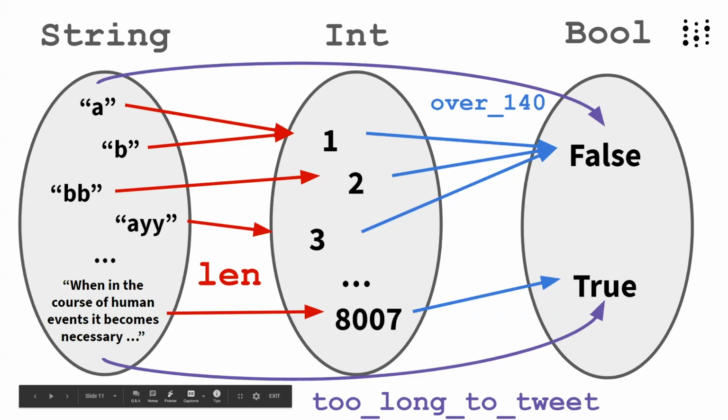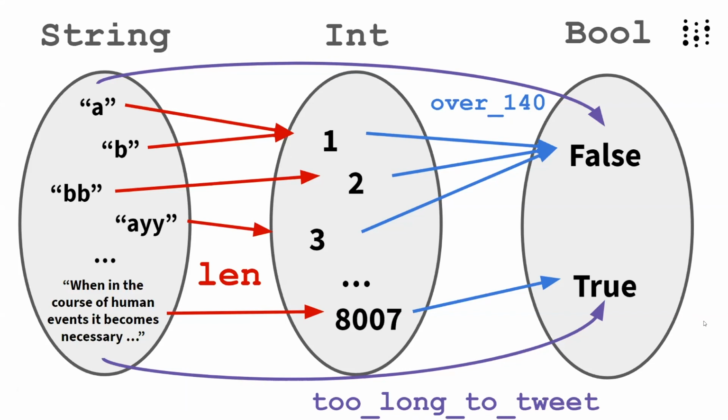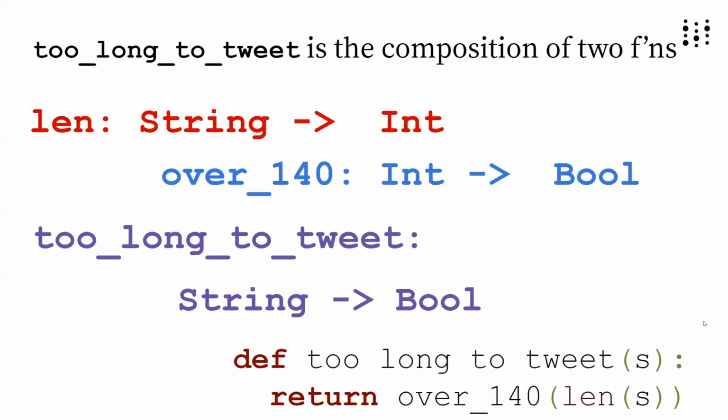And that is our too long to tweet function. So we've defined this too long to tweet function as the composition of two simpler functions. Too long to tweet goes from strings to Booleans, where it's two pieces: len goes from strings to ints, and over 140 goes from ints to bools.